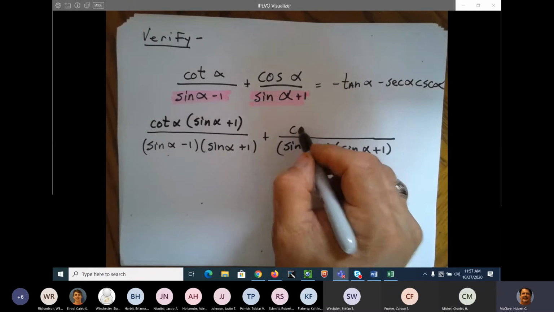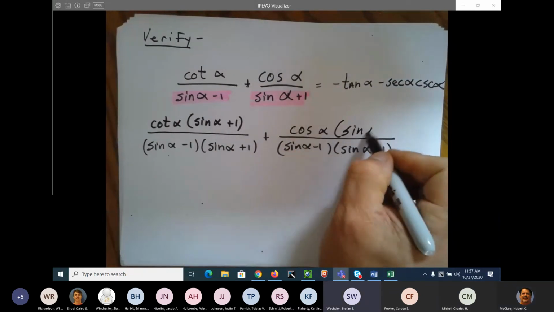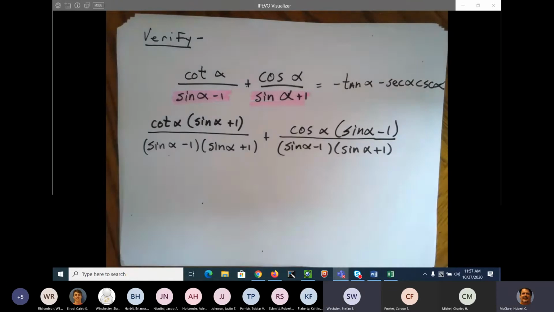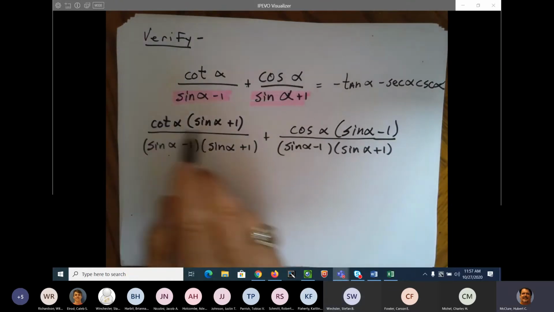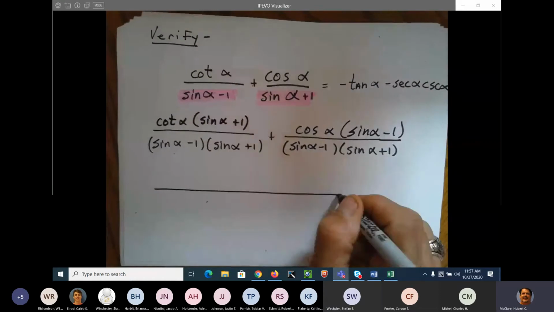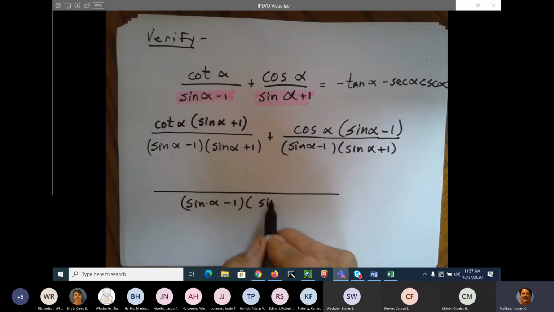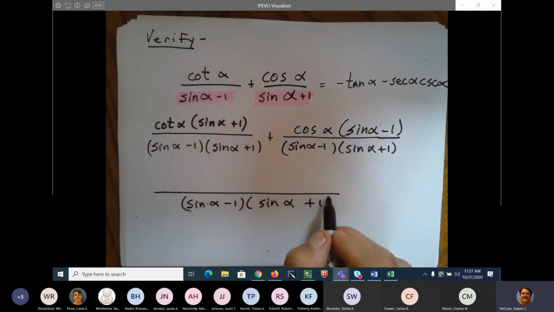Sine minus 1. So now we got all of this over the common denominator, sine alpha minus 1 times sine alpha plus 1.